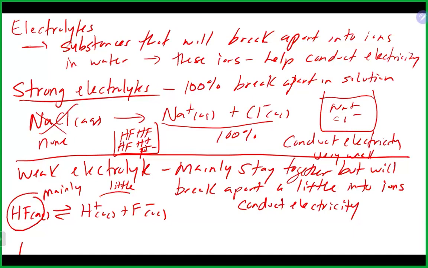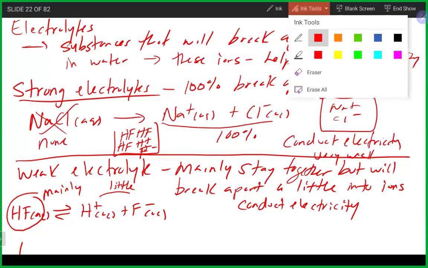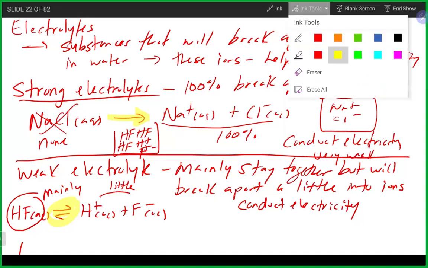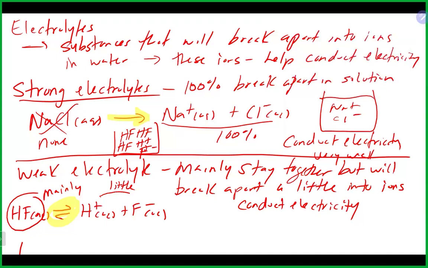Also, a major difference is in the way the reactions are written. Strong electrolyte, one-way arrow. Weak electrolyte, two-way arrow. That is a reversible reaction, and that is how you know for sure it's a weak electrolyte. When you have a weak electrolyte, you will have that arrow that heads in both directions.